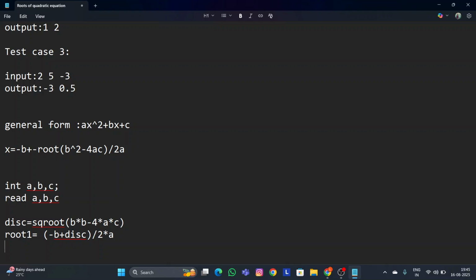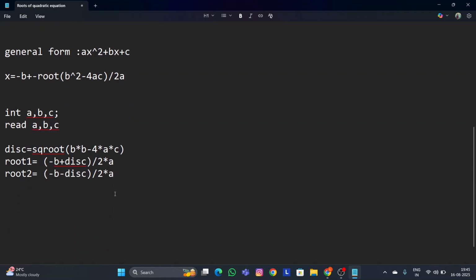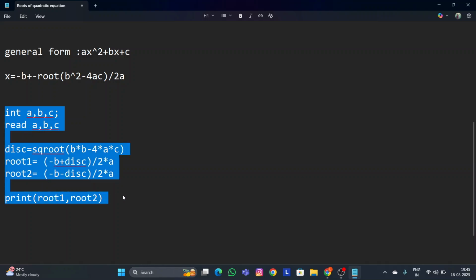That is root 1. And root 2 equals minus b minus disk by 2 into a. This is the root 1 value and this is the root 2 value. After calculating them, I print root 1 and root 2. So this is the simple algorithm for finding the roots of a given quadratic equation.